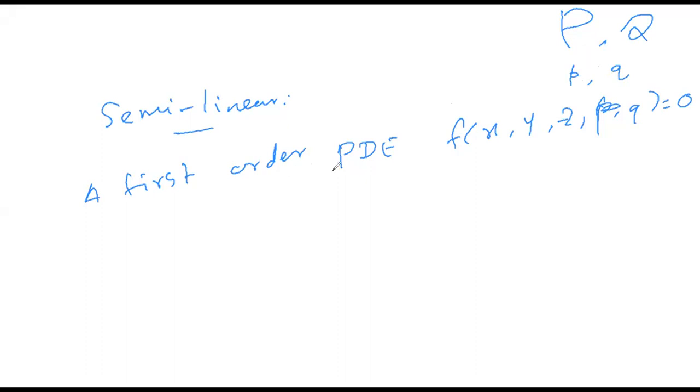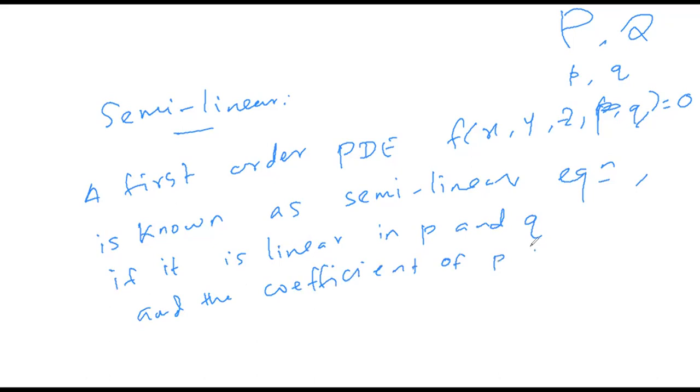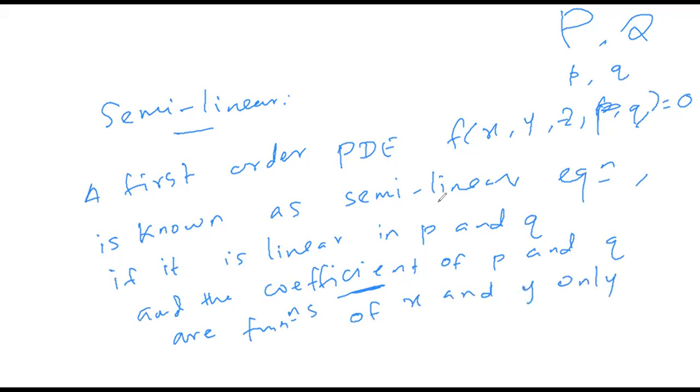Now the first order PDE f of x, y, z, p comma q is equal to 0 is known as a semi-linear equation if it is linear in small p and q, and the coefficients of p and q, meaning whatever is before p and q, maybe elements or functions, are functions of x and y only. So you have to keep it in your mind.